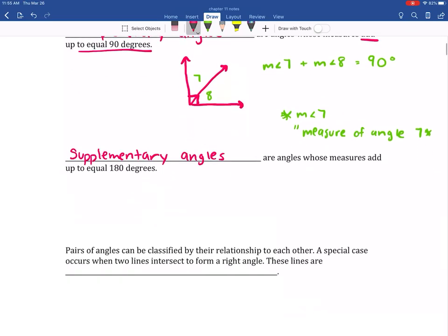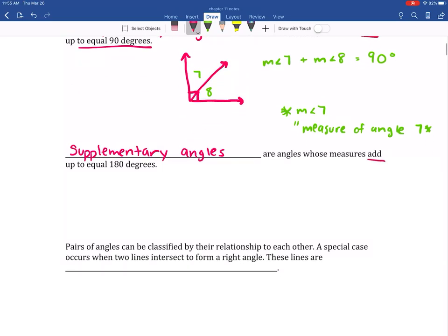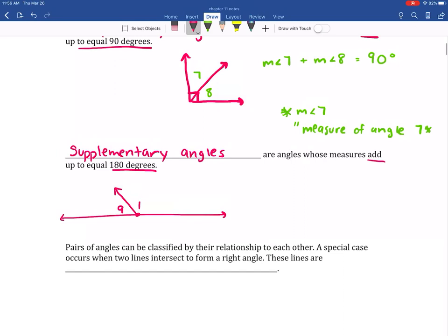Supplementary are two angles whose measures add to 180. So 180 degrees would be a straight line. So I could say this is angle 9 and angle 10. I could say the measure of angle 9 plus the measure of angle 10 equals 180 degrees because they're supplementary.